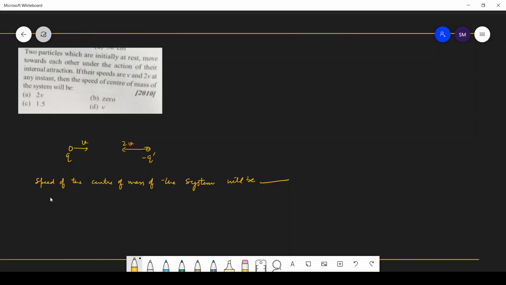What will be the speed of the center of mass of the system? Students, you have four options. Can you calculate it or shall I help you?